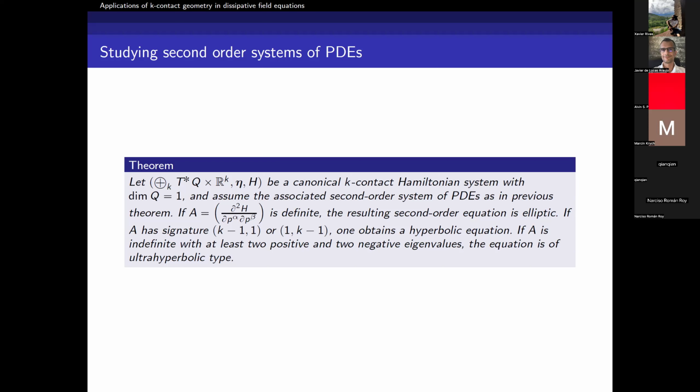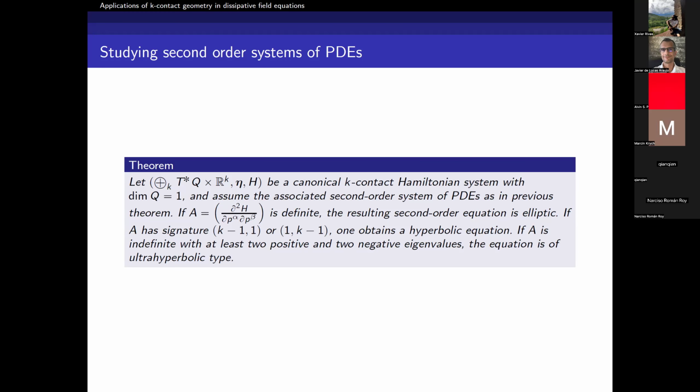But this is the main idea: you want to describe systems of PDEs by means of k-contact Hamiltonian systems, you are going to describe several canonical models, and how the properties of these canonical models describe the system of PDEs. This is a general model that works for many examples. This is the main idea.